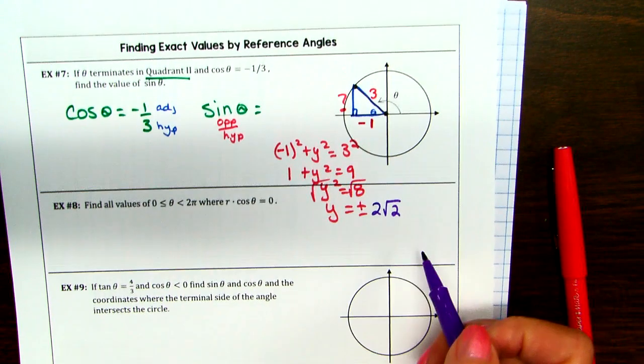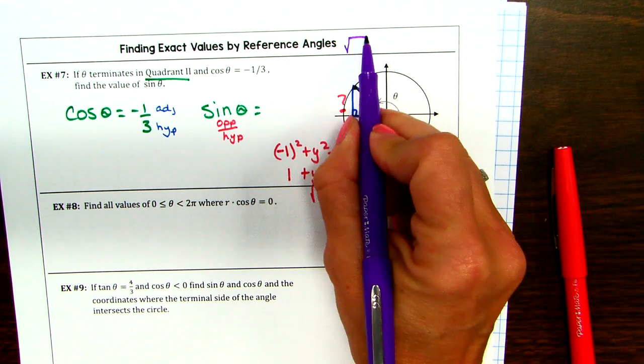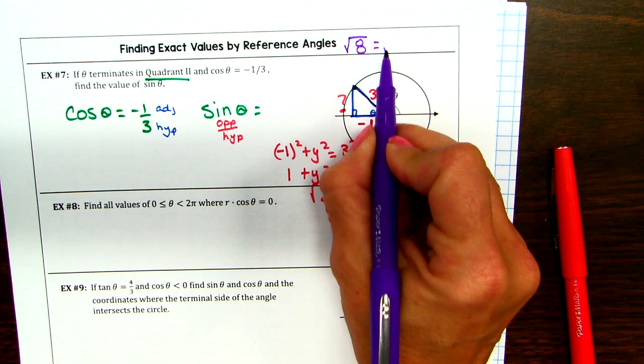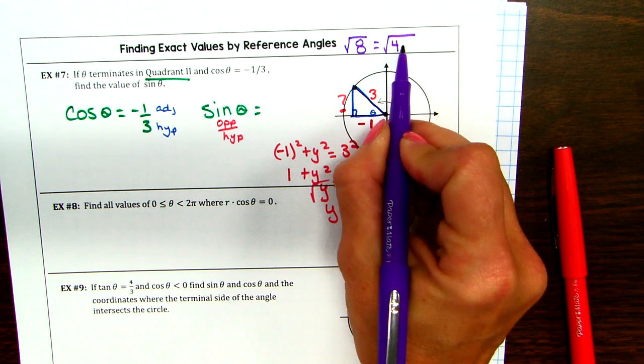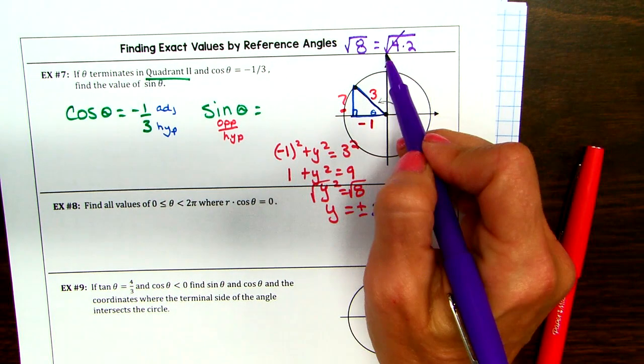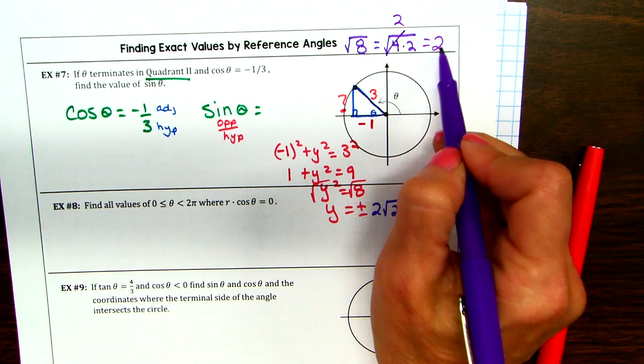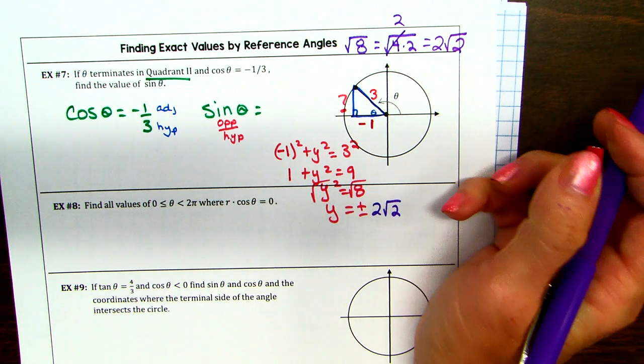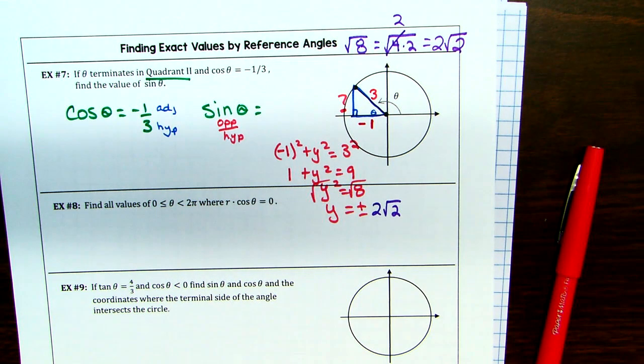So let me remind you where that comes from. And this one pops up all the time, so it's a good one just to memorize. So 8 is 4 times 2. The square root of 4 is 2. Okay? I don't think we've had to simplify any radicals yet. We've had all these numbers that can't be simplified. But if you get one, it's required.